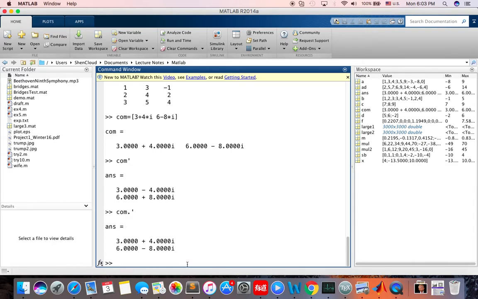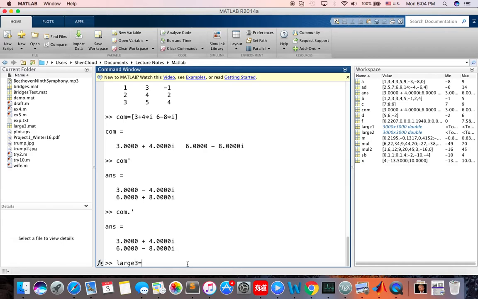Like other programming languages, you can use loops, so you can use for loop or while loop. So let's have a for loop example. Assume you want to multiply the two matrices element by element. First way is as the previous way, use the dot multiplication.